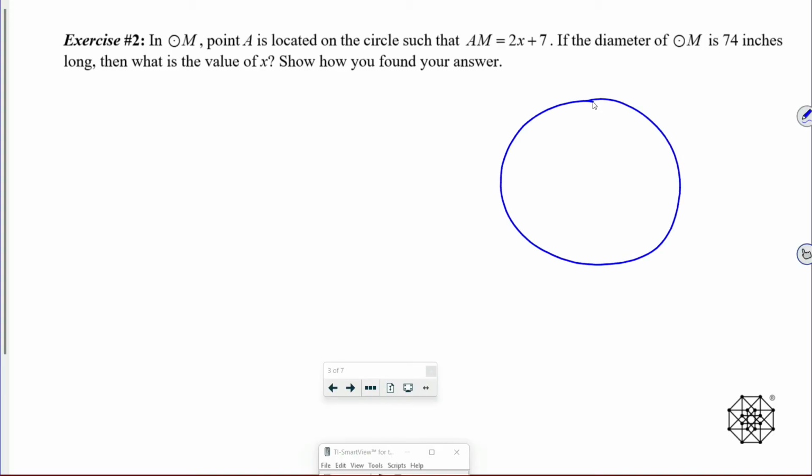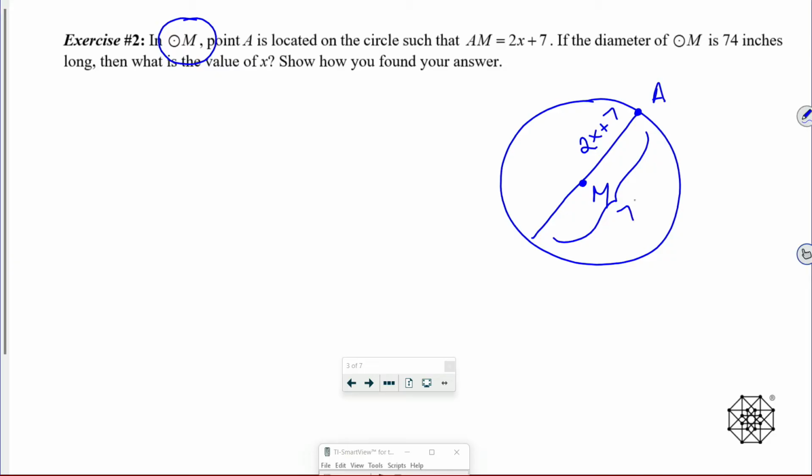Now, one thing that I know right away is because it's called circle M, what that tells me is that point M is in the center of the circle. It tells me that point A is located on the circle and that AM, that segment, has a length given by the algebraic expression 2x plus 7. We know that the diameter of the circle is going to be 74.